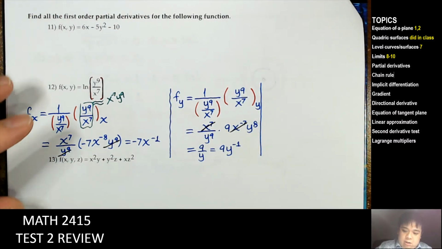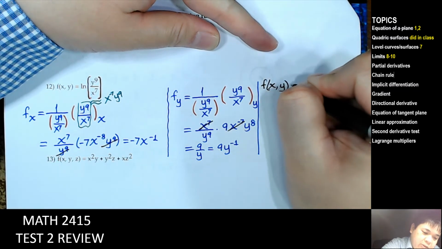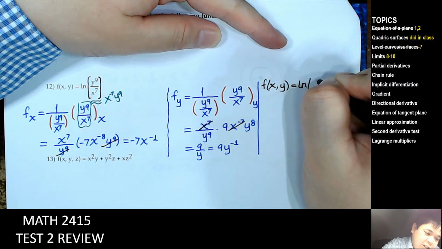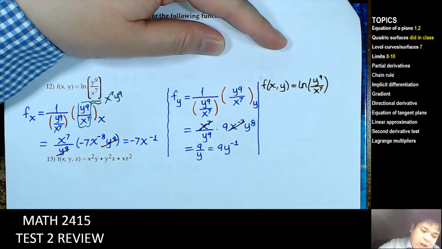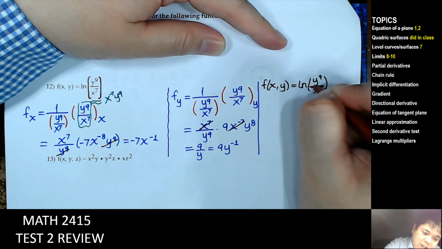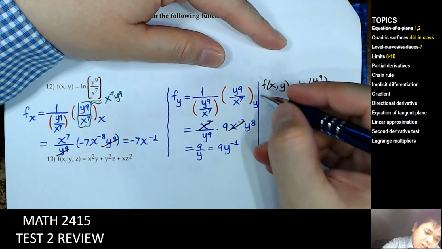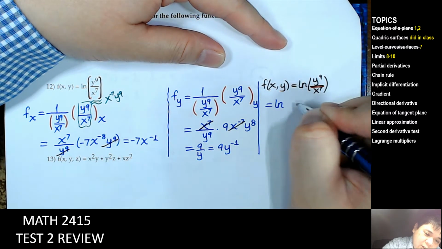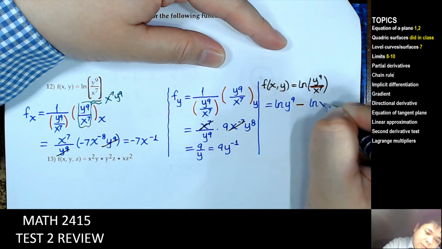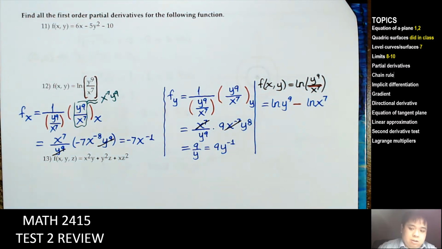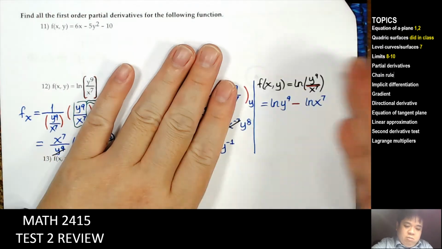Right, the best way to do this is taking advantage of the properties of the ln, or the natural log. First of all, we have a division here, which turns into a subtraction, a difference. By the way, this is one way to do it. This is a different way.